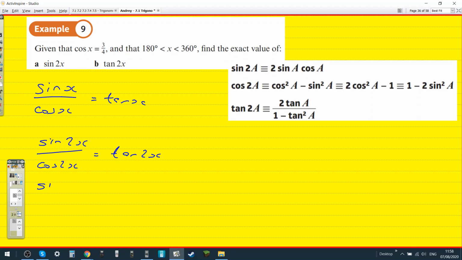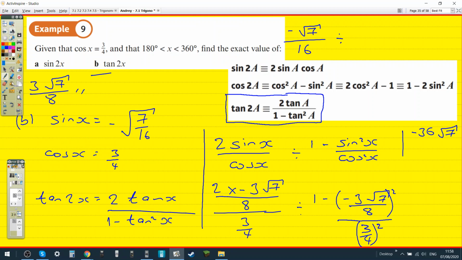That means sine 2x... I mean, that's kind of all you would need to do. Is that what we did? Yeah. So we said sine 2x was minus 3 root 7 over 8.